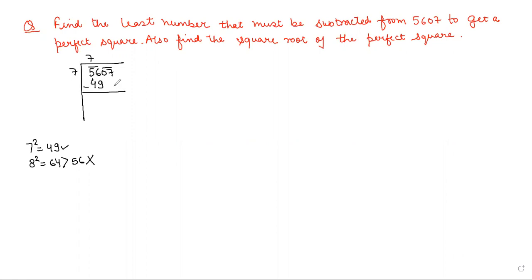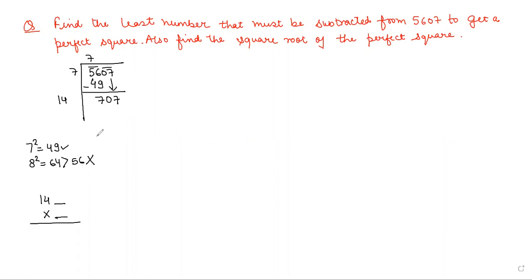Now 56 minus 49 is 7. Take next bar digits with 7. Now double of 7 is 14. Write 14 here.